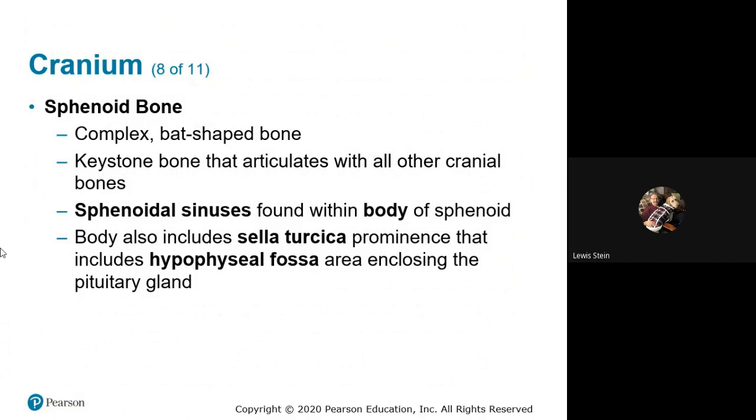It forms because we have two wings. These are called lesser wings because they're smaller. These are called greater wings, they're larger. Where they come together, there's an opening. That's very important because four different major nerves that help you move your eyes up, down, and side to side all go through.